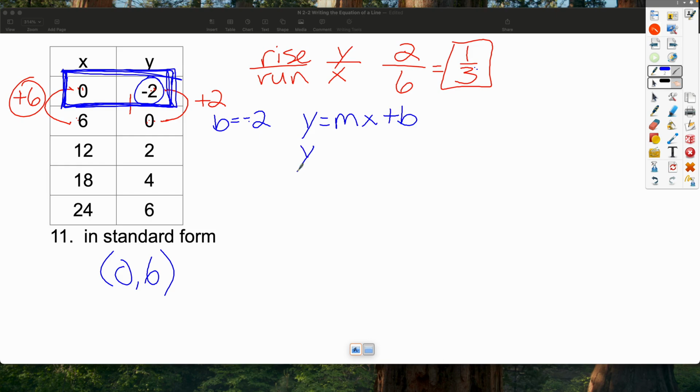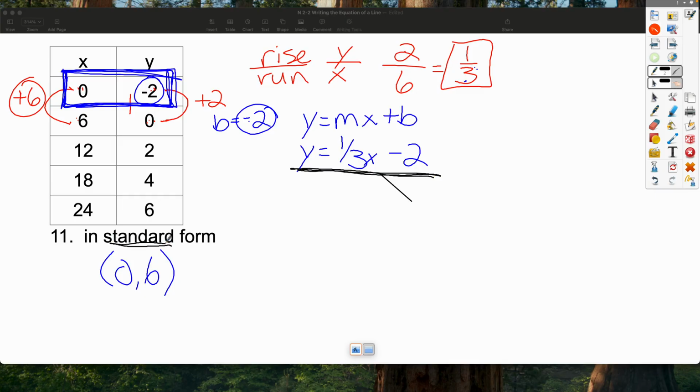mx plus b. y equals 1/3 x for my m, plus my b of -2, so minus 2. Okay, here's my equation in slope-intercept form, but I've got to get it to standard form.